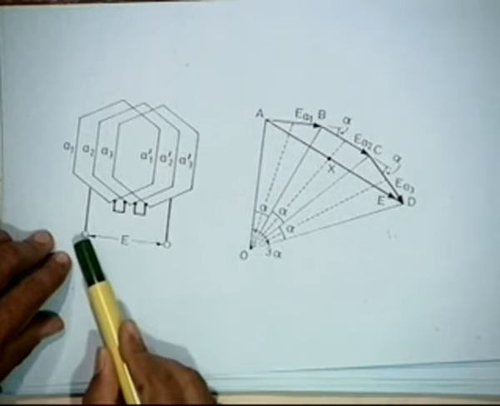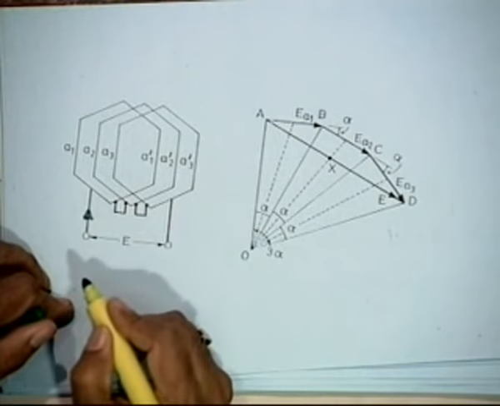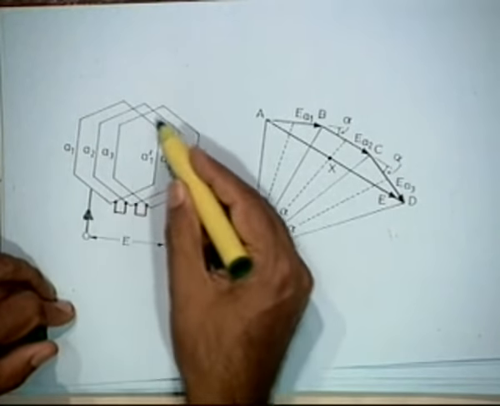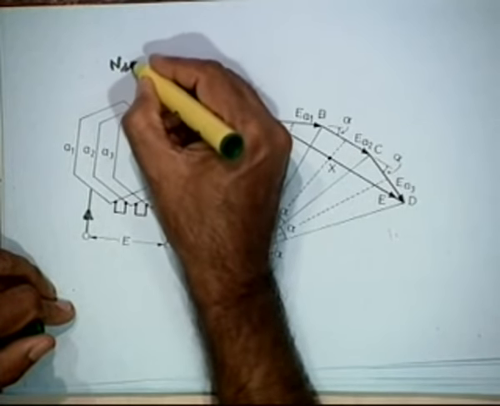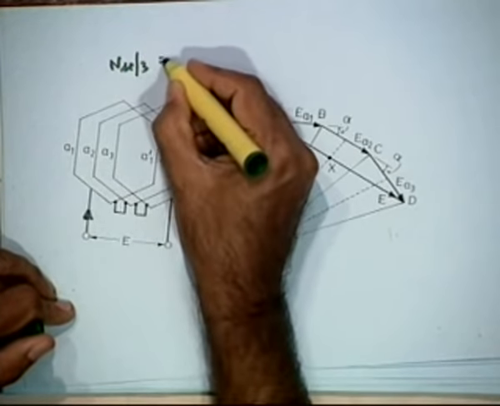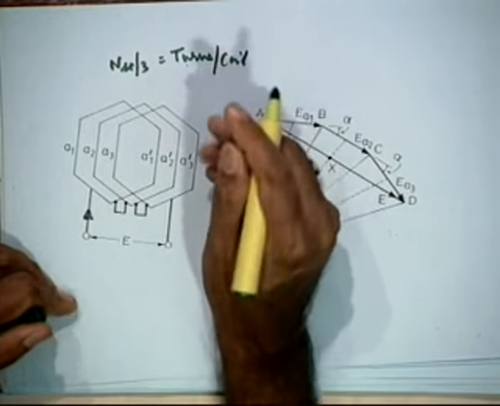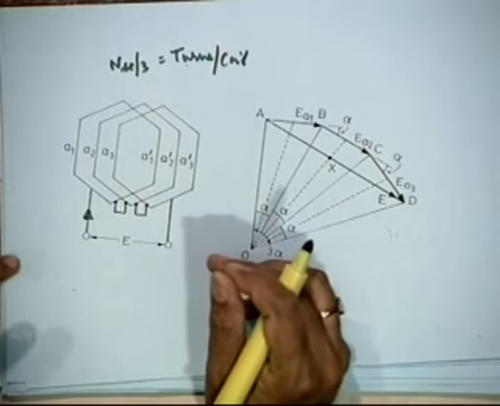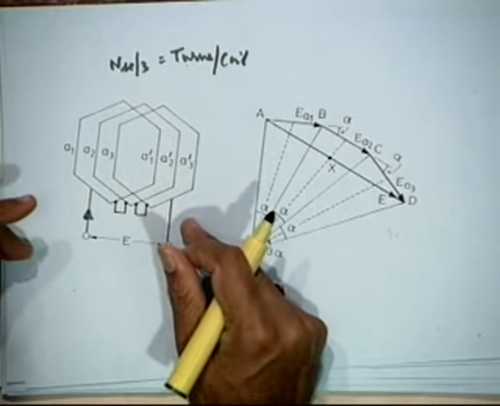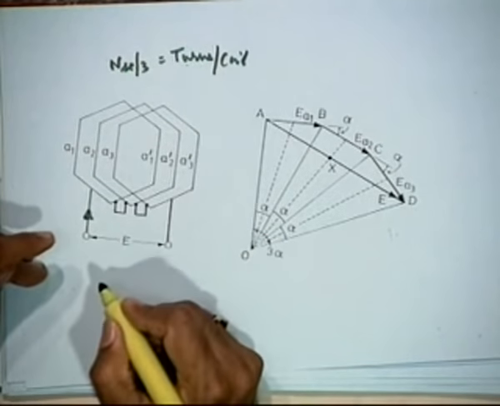Each phase, let us say coil direction enters here, so how many turns will be there? Each one may, let us say, be NSE by 3, that is turns per coil. Well, if I say total turns in each phase is NSE, that will be divided into 3 in this case. Right? They are identical coils, so that is how we go through this.